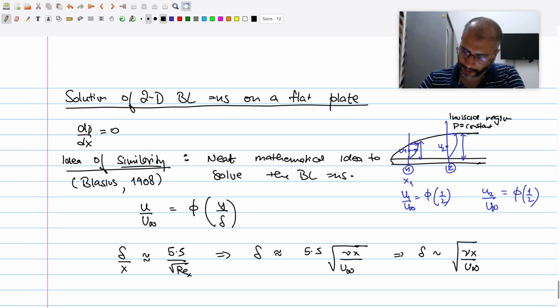Okay. So what we do is, instead of using a delta in this function phi, we use a delta tilde, and this delta tilde we will call as square root of nu x upon u infinity.